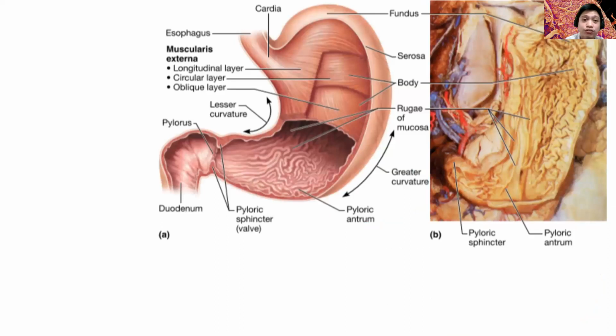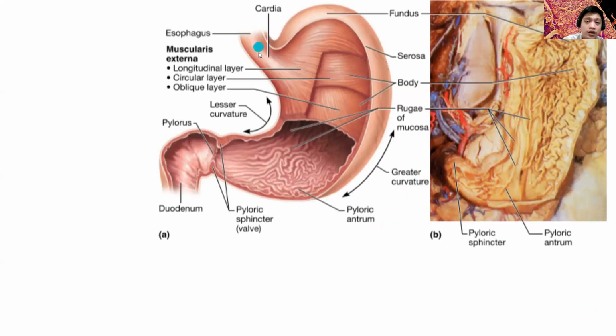So this is a picture from your book. And what this illustration shows you are the different portions or parts of the stomach. The part of the stomach which is in direct communication with the esophagus is called the cardia. No?